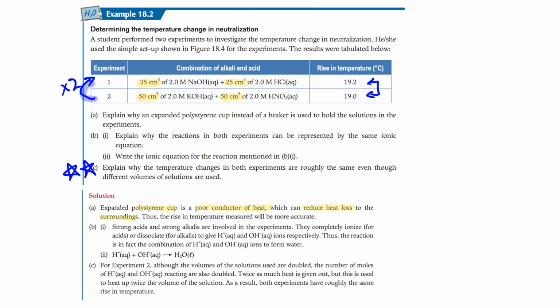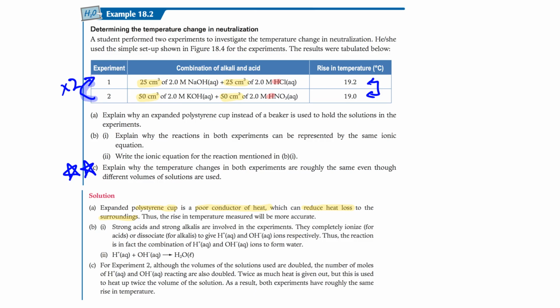Part B: explain why the reaction in both experiments can be represented by the same ionic equation. To be honest, I don't like these explanations right here. We can have a look. Both experiments are represented by the same ionic equation. Why can we do that? If you recall the videos that we have learned before, we said that when we write an ionic equation, all the acids give out H plus.